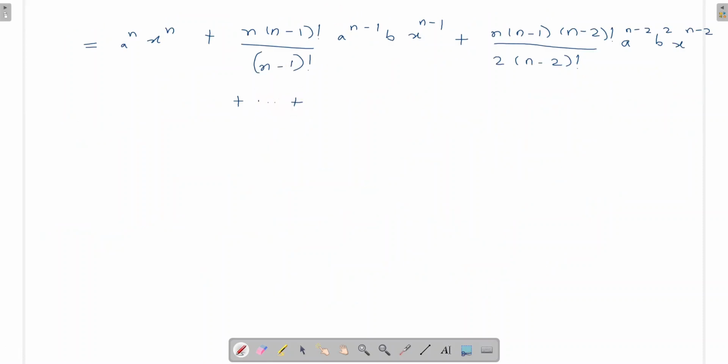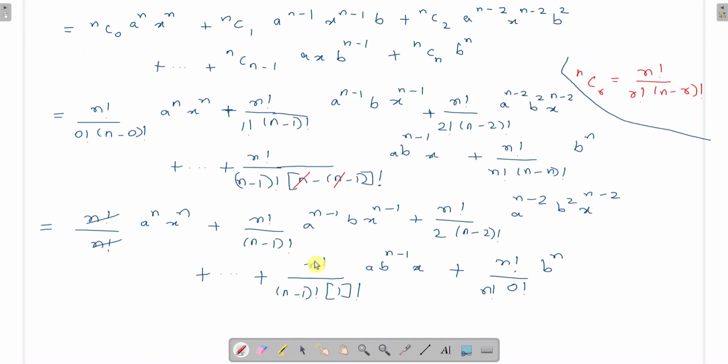plus n factorial we will write it as n times (n minus 1) factorial.